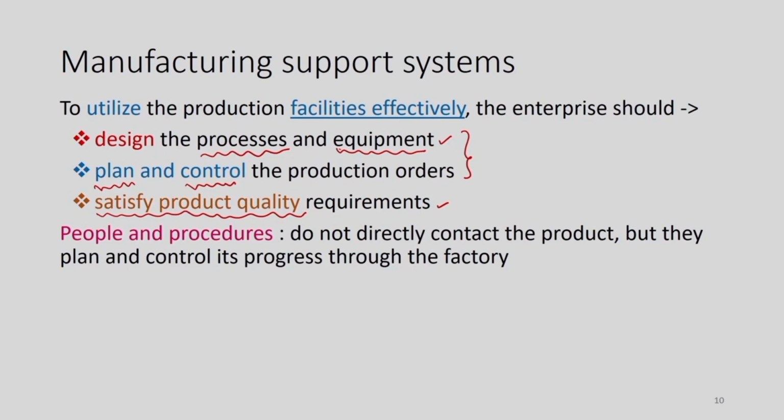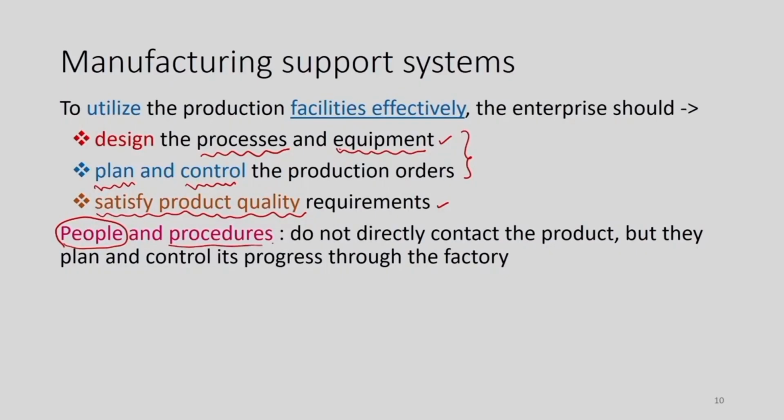To carry out all these things, we need people, or we can say human resource or human power. Not only human resource is essential, we also need a set of procedures.